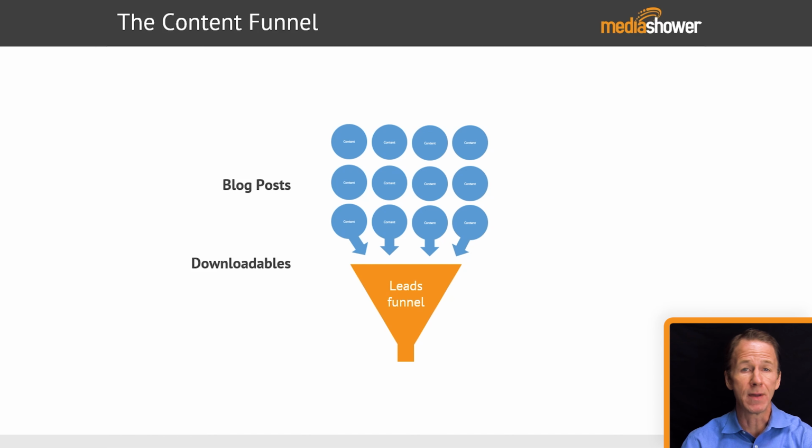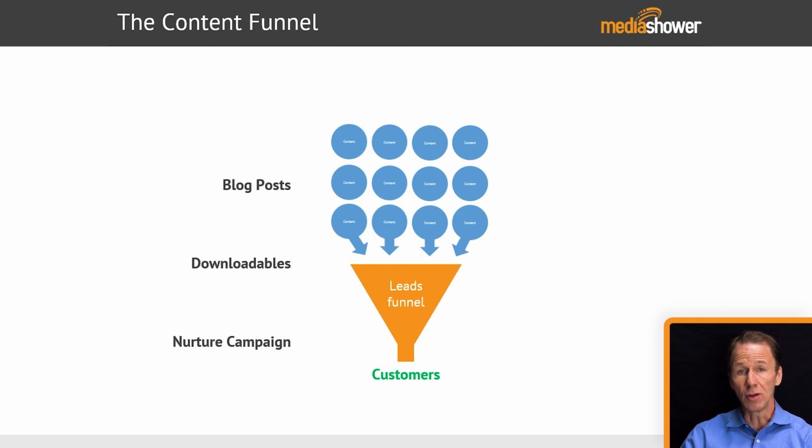Once you have their email address, you're going to put them on an email list to send them regular emails, such as in the form of a newsletter, and that's called a nurture campaign. And finally, they're going to convert into paying customers.